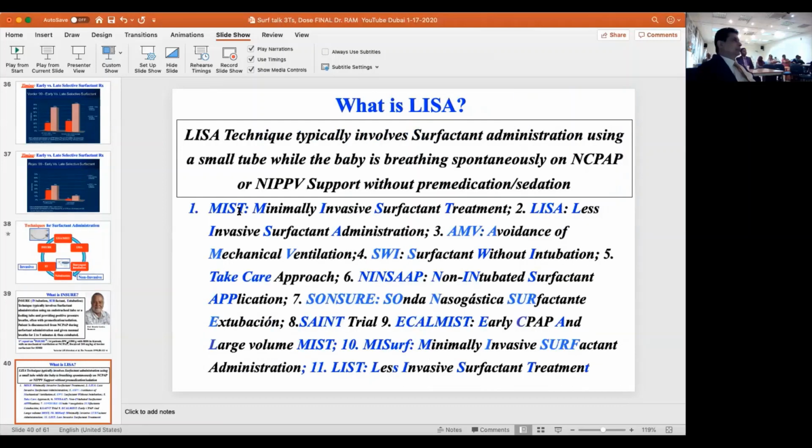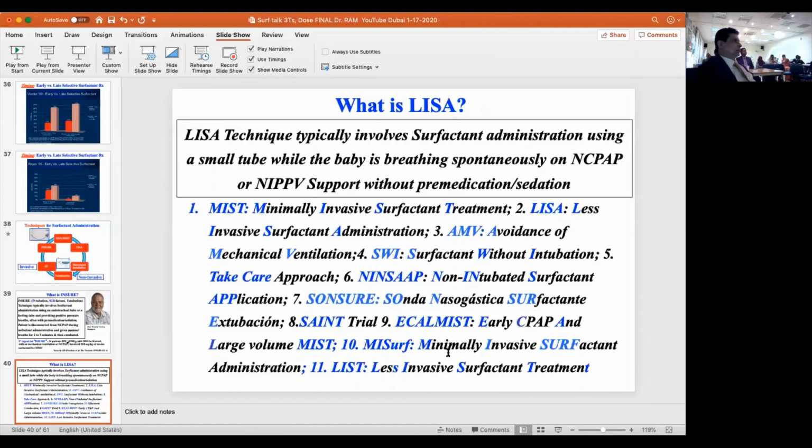What about LISA? The LISA technique typically involves surfactant administration through a small tube when the baby is spontaneously breathing on CPAP or other NICU support, usually without any medication or sedation.